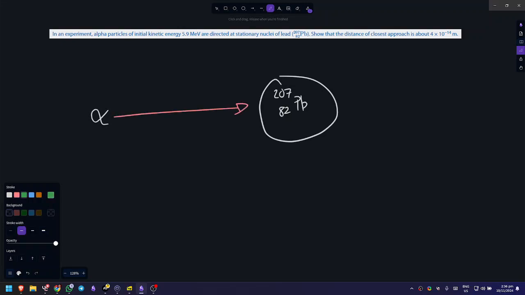Somewhere around, let's say here, the alpha particle would start getting repelled and go in this direction. So this radius here from the lead nucleus to the alpha particle is r, and that is the distance of closest approach.